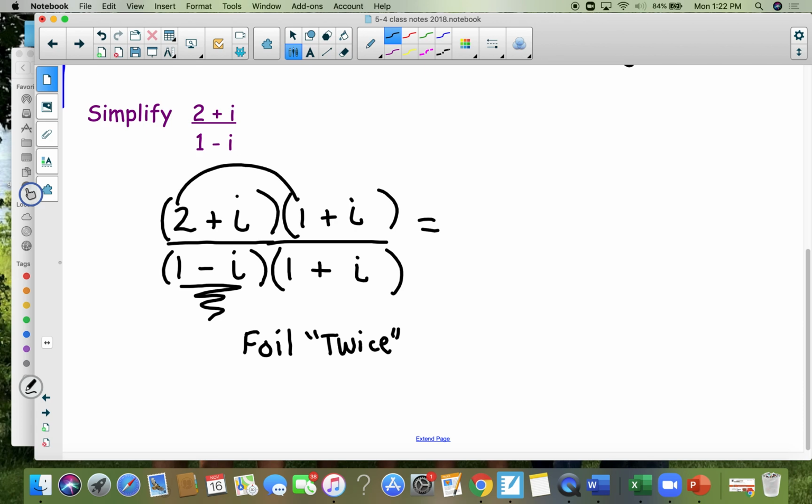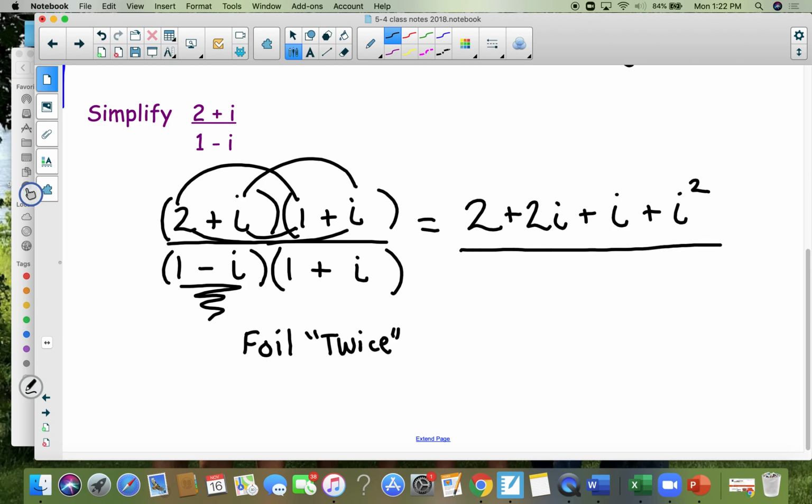2 times 1, 2. Outside term, 2i. Inside term, I. Last two terms, I times I is a positive I squared. Divided by 1 times 1, 1. 1 times I, positive I. 1 times a negative I, negative I. And right here is a negative I squared.